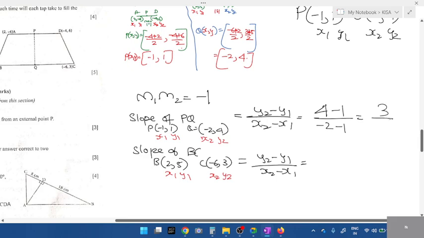What's the value? 3 divided by minus 3, so minus 1. Getting minus 1 for this. And for the next one, B and C: 3 minus 5 divided by minus 6 minus. So what's the answer? Minus 2.